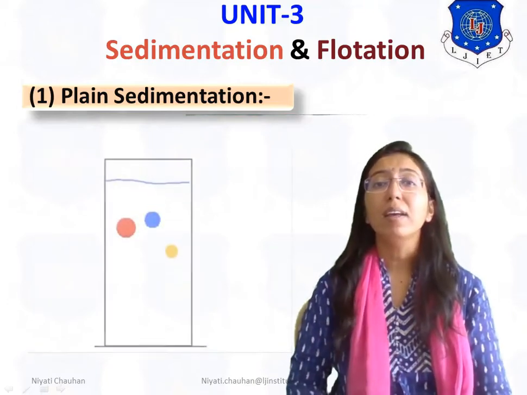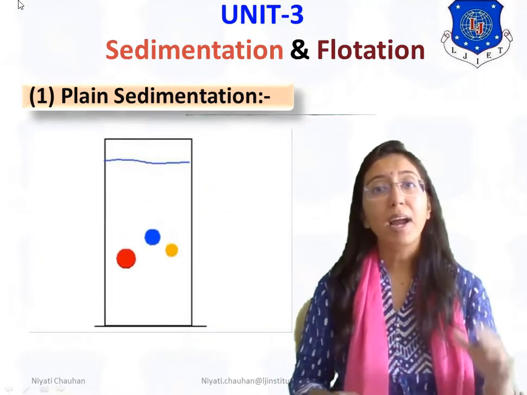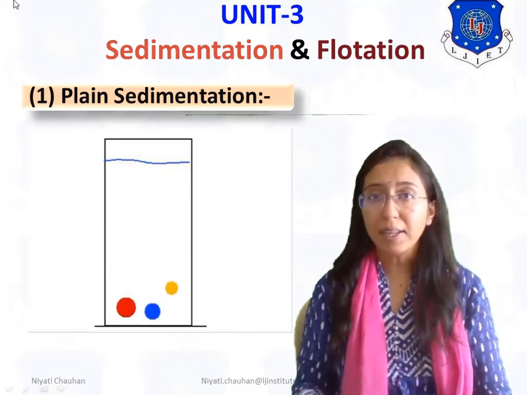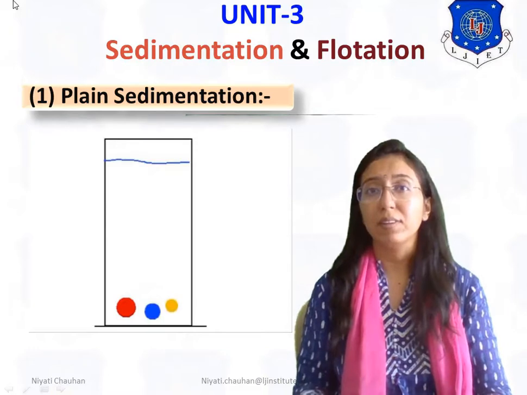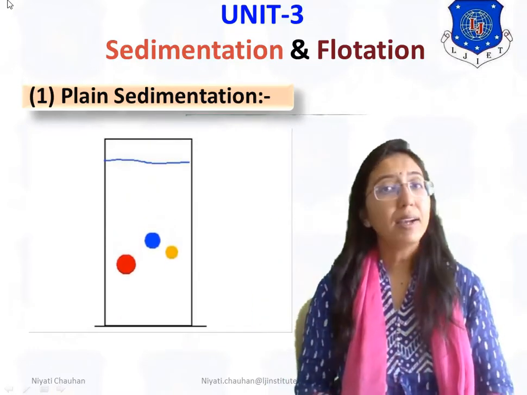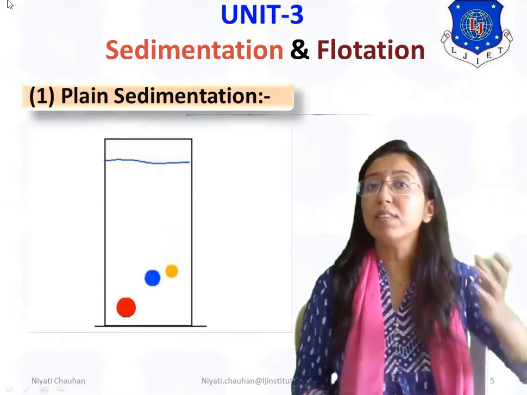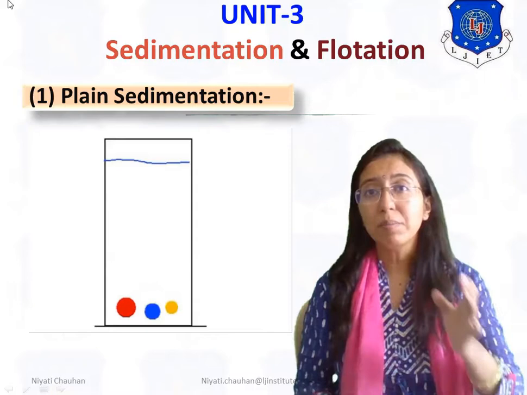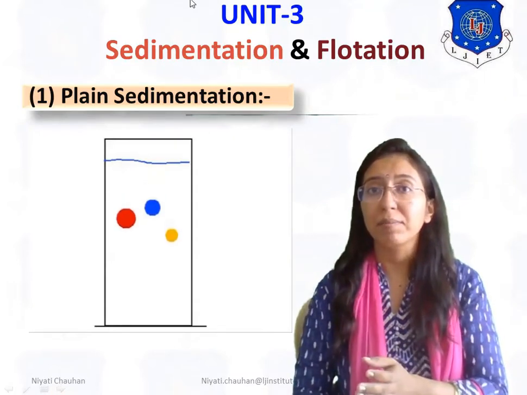Impurities are easily settled down at the bottom. Here we are not adding any coagulants. Naturally, particles settle down at the bottom. So this is a simple process and is known as plain sedimentation.